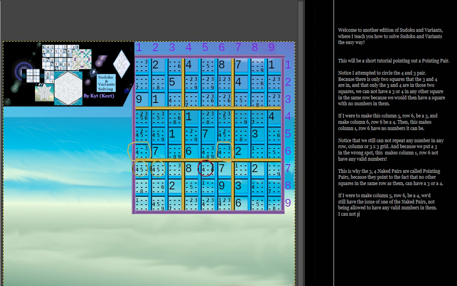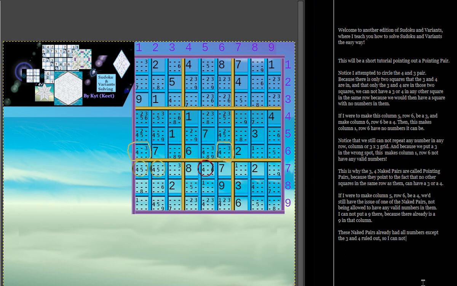I cannot put a 9 there because there already is a 9 in that column. These naked pairs already had all numbers except the 3 and 4 ruled out.